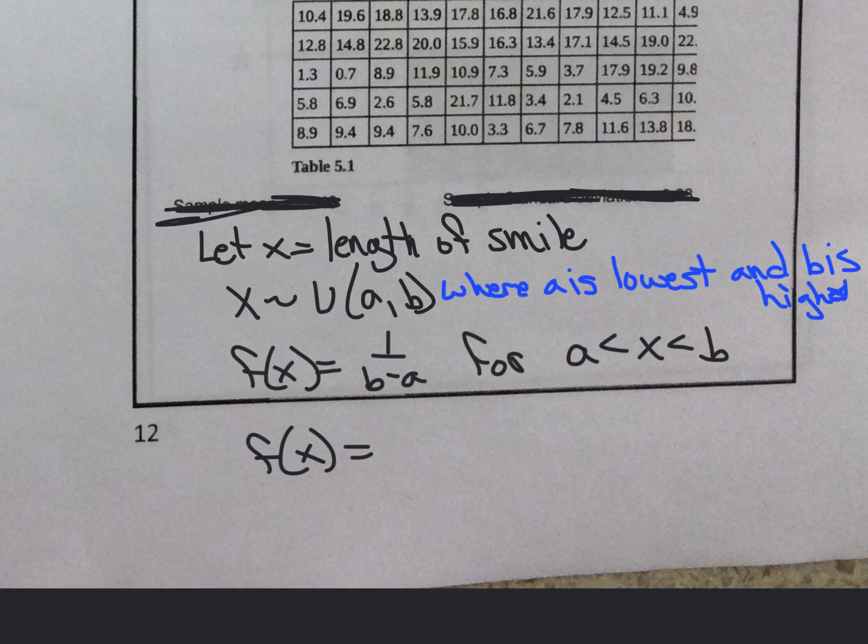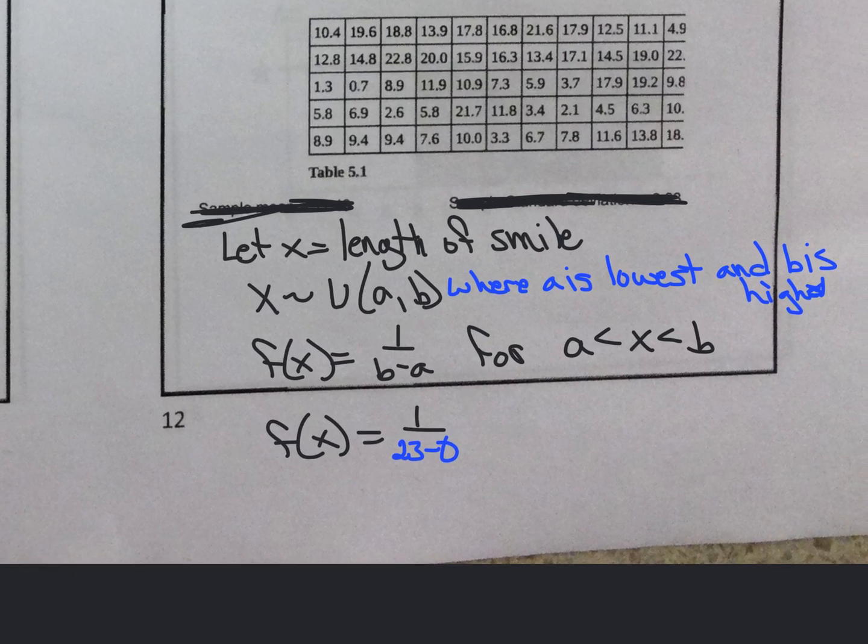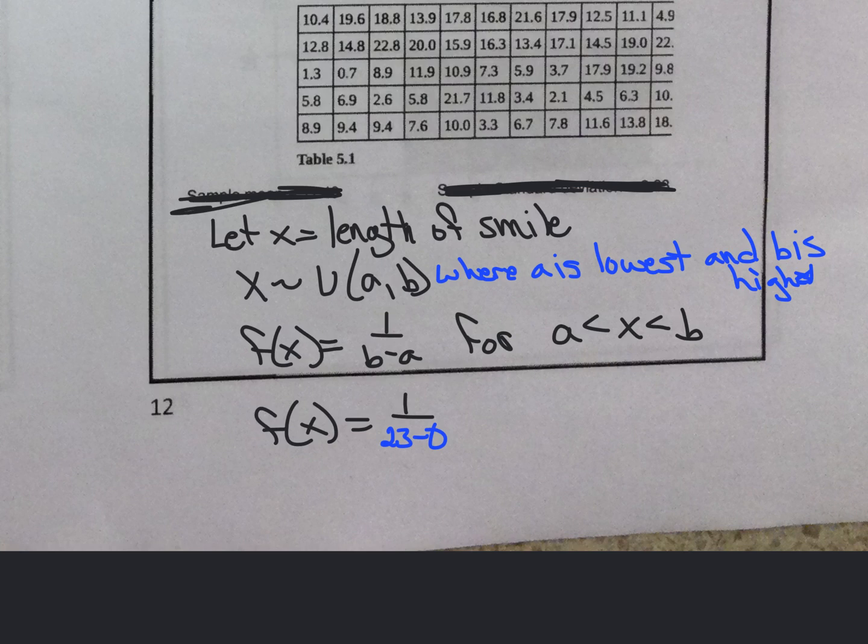All right, so F of X is 1 over the highest. B is 23. And the lowest A is 0. So I get 1 over 23.